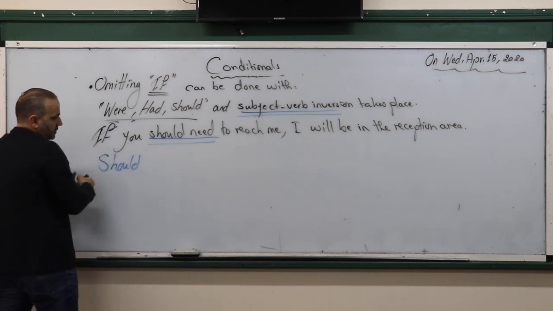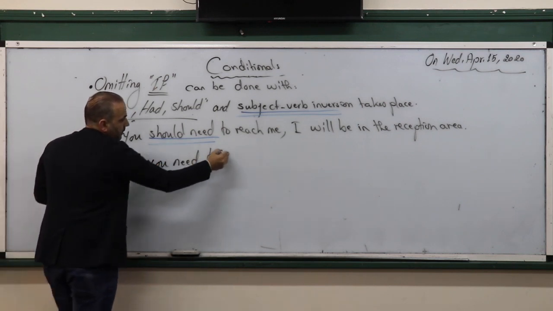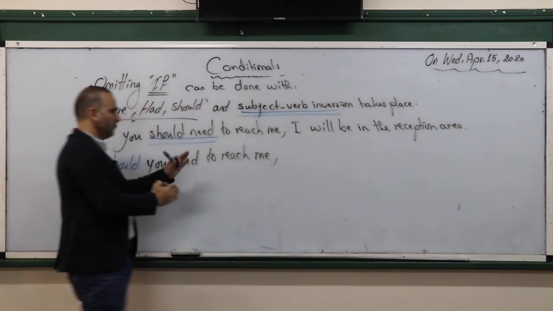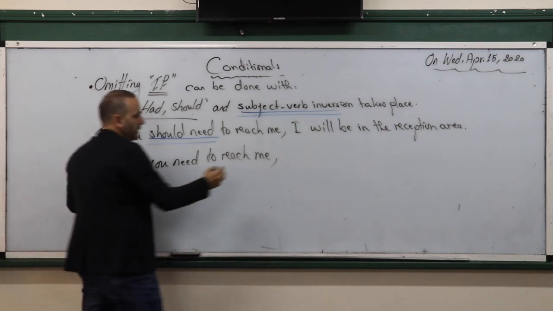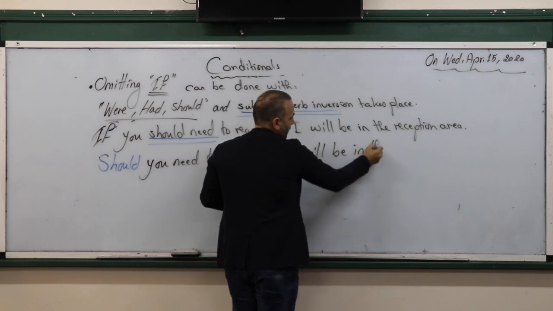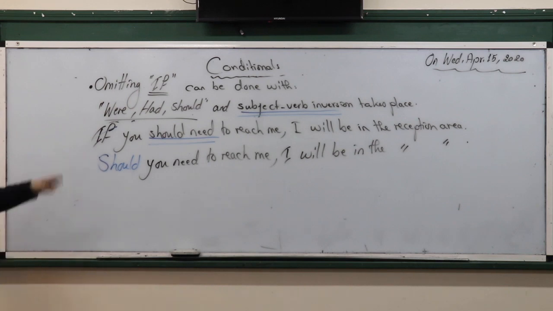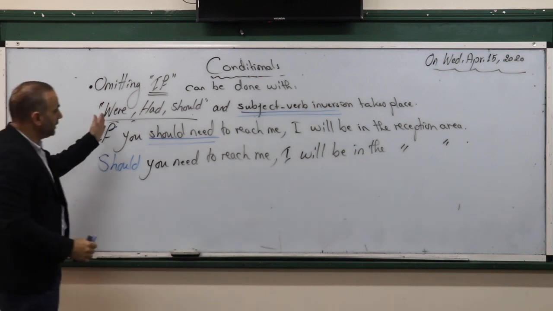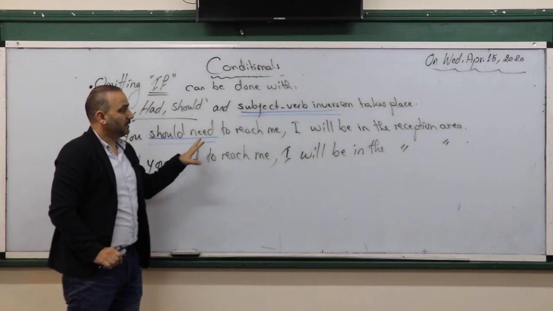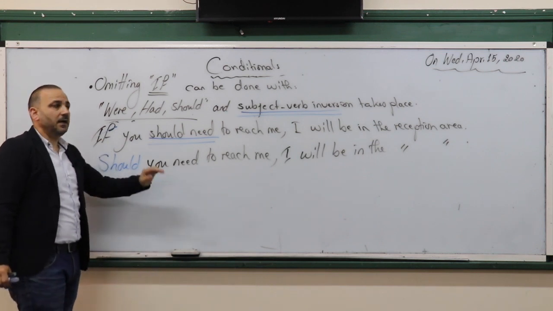Okay? Should you need to reach me, here we said that we don't change anything. We are dealing with the if clause, the if part. Okay? I will be in the reception area. That's what this is with omitting if: with were, with had, and with should. I can ask you to begin your sentence, a statement, to be changed into a conditional sentence, and then omit if.